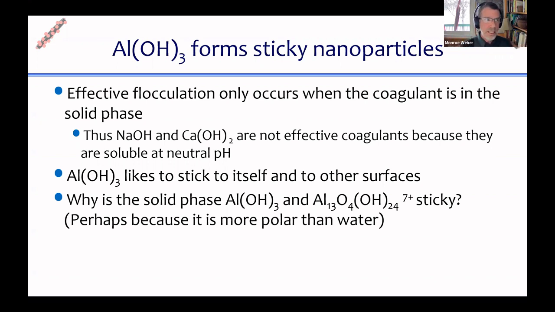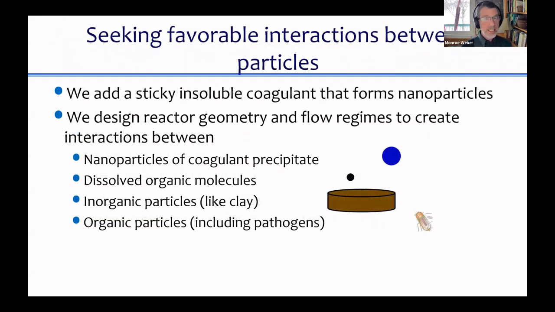Both of them end up forming these sticky nanoparticles. I have no experience using iron as a coagulant, but I know that it is done in some plants. So we're seeking these attachments between particles. We're going to add this sticky insoluble coagulant.